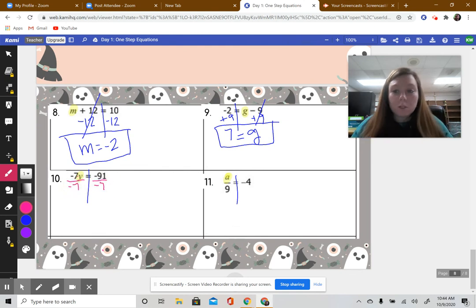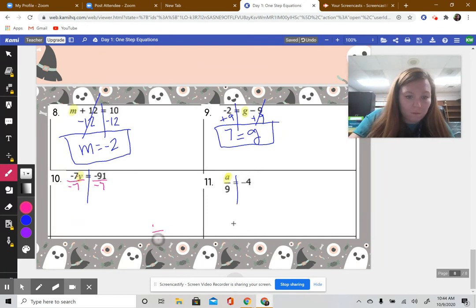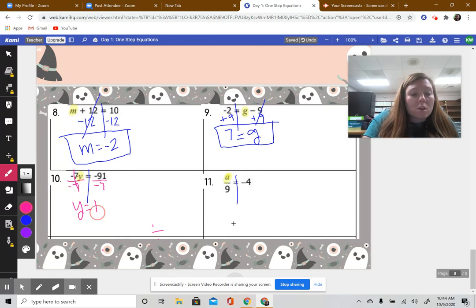Now, please make sure you guys are using the fraction bar as your division symbol. Don't write this. We're in high school. We don't do that anymore. Okay? The negative 7s go away. I have y equals negative 91 divided by negative 7. That's going to give us a positive answer because it's a negative divided by a negative. And then 91 divided by 7 is 13.